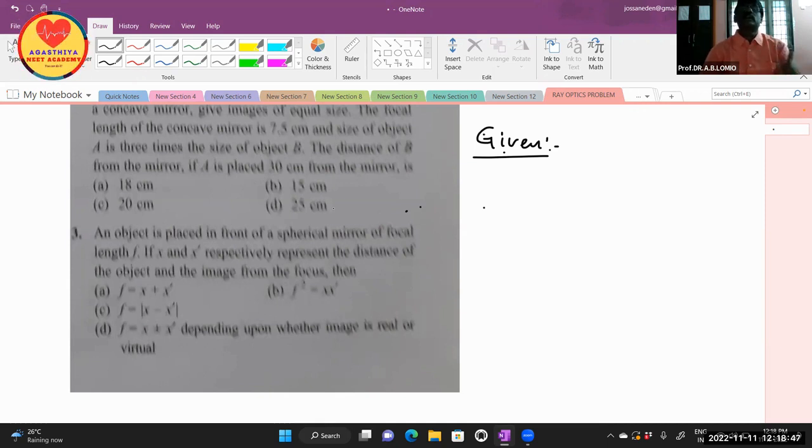Imagine it like this, for example: this is the focus, this is the center. Let us place the object here.